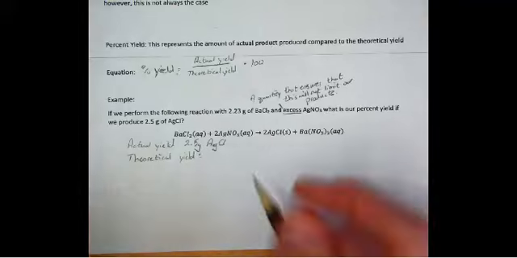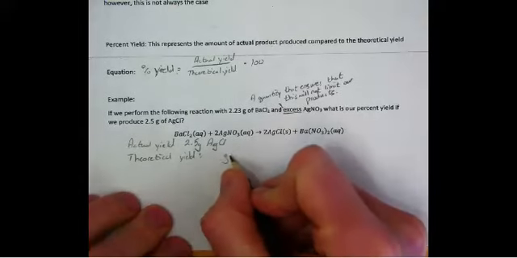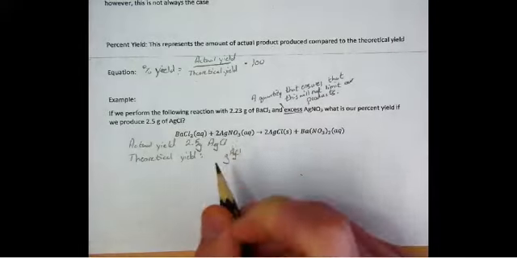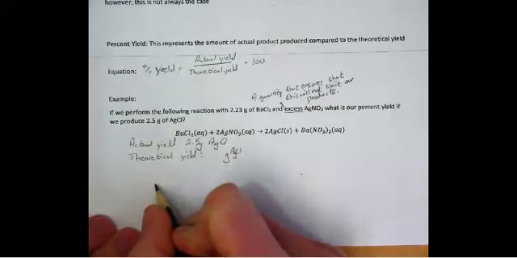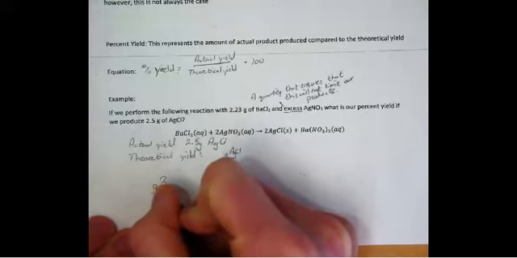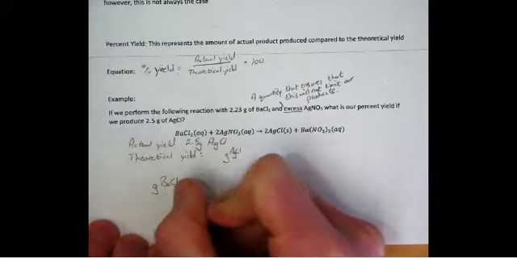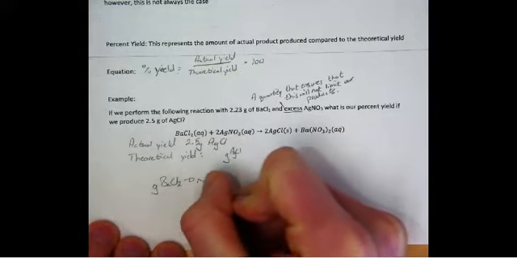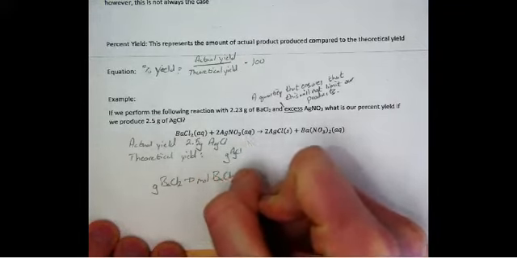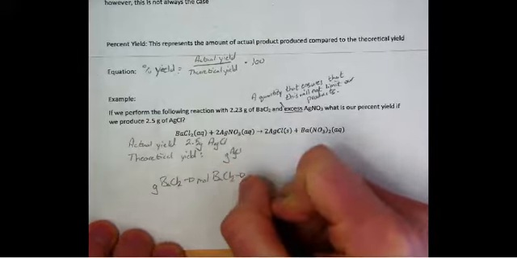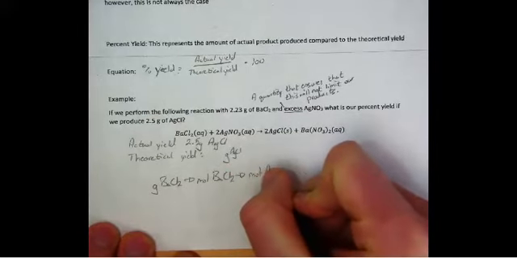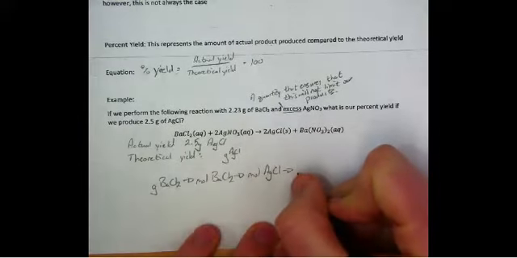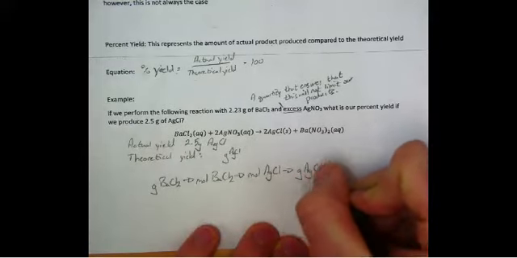So in order to get the mass of silver chloride that we should have produced, we're going to start with our mass of barium chloride. We're going to then convert to moles of barium chloride, convert from moles of barium chloride to moles of silver chloride, and convert from moles of silver chloride to grams of silver chloride.